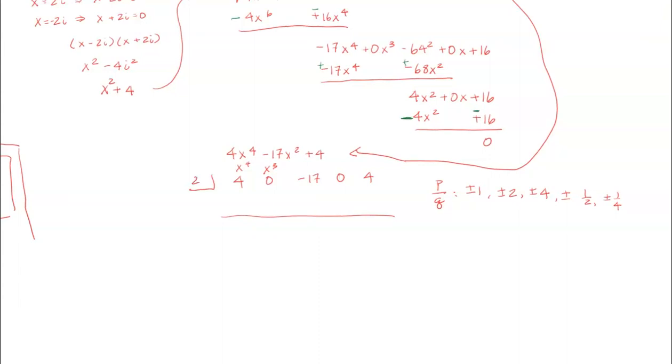Let's try a 2, 4, 8, 8, 16, negative 1, negative 2, negative 2, negative 4, and 0. And that's going to be x to the 3rd. I'm going to continue.